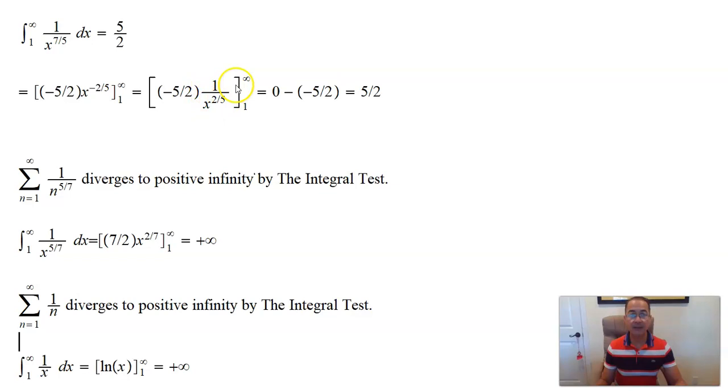By doing that, as x goes to infinity, the limit is 0. When the exponent is less than 1, then with the power rule, negative 5/7 plus 1 is now going to be a positive exponent. It stays in the numerator. It doesn't get flipped. All right, so let's generalize.